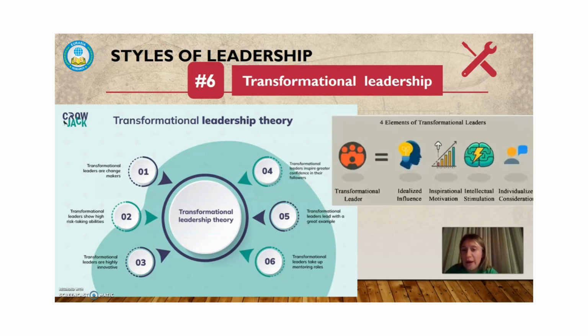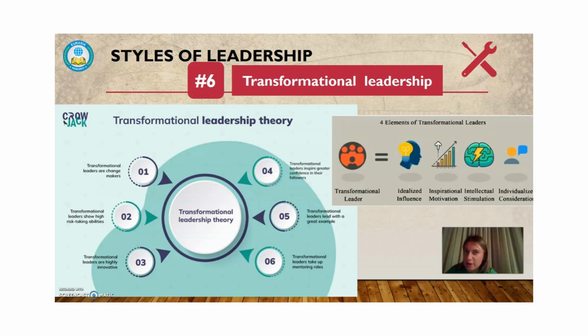There are 4 elements of transformational leaders. This is idealized influence. As I have already noticed, transformational leaders have a big influence on their employees, and they always try to have a very positive influence. The second element of the transformational leader is inspirational motivation. They motivate and encourage their team members.